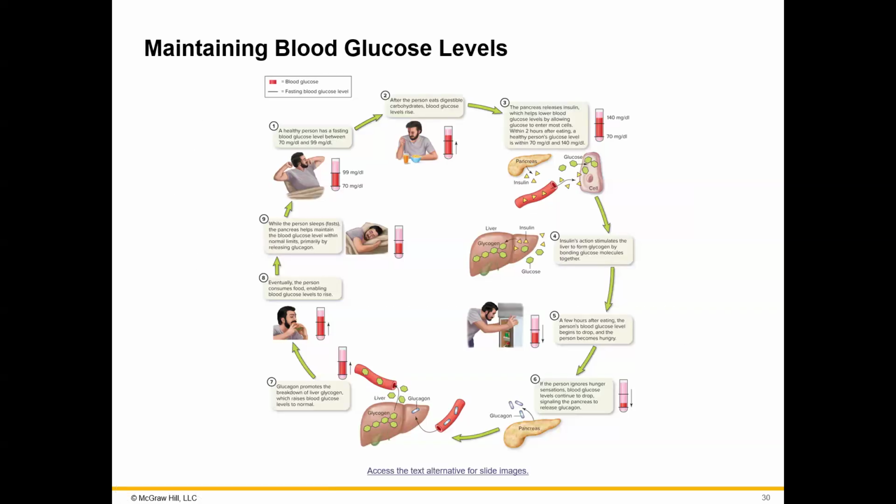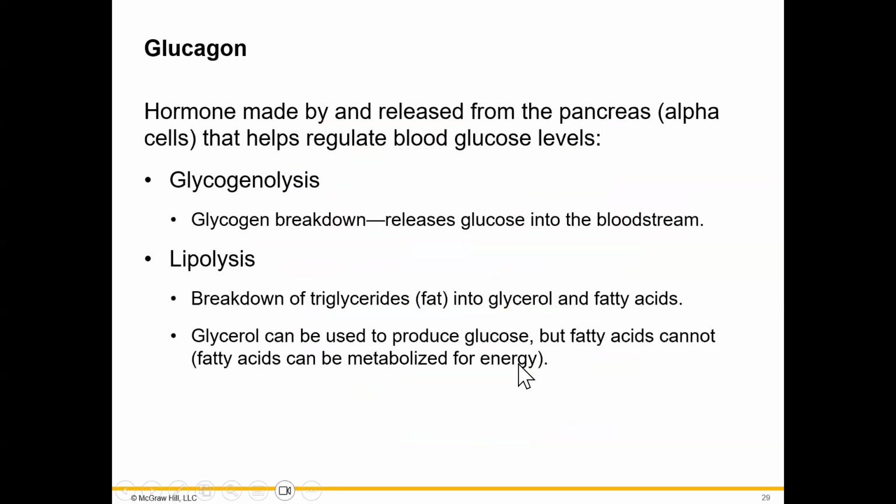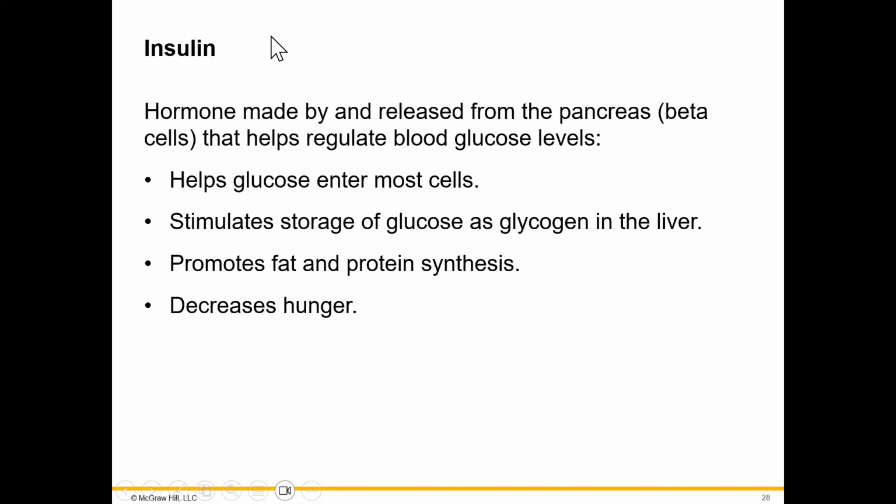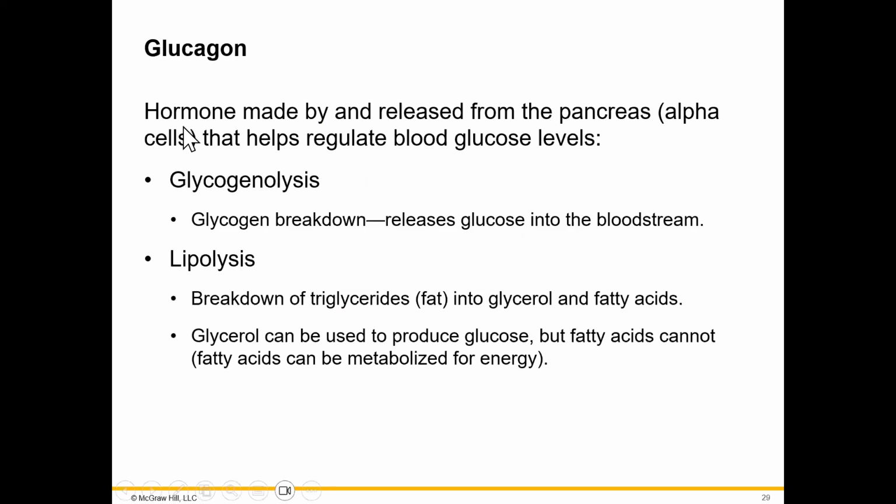So glucagon, okay, I mentioned glucagon right here, but we didn't really talk about it yet. Glucagon is the alternate hormone to insulin. So if insulin makes your blood sugar go down, which it does, then glucagon makes your blood sugar go up, or it helps to regulate your blood glucose by increasing it through glycogenolysis, meaning breaking down the glycogen that is stored in the liver.